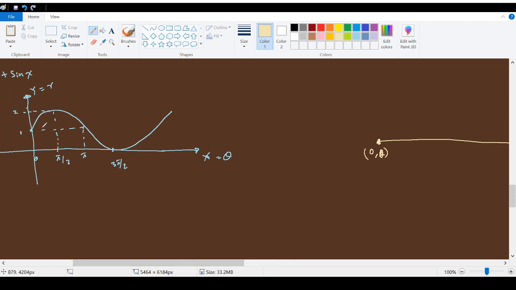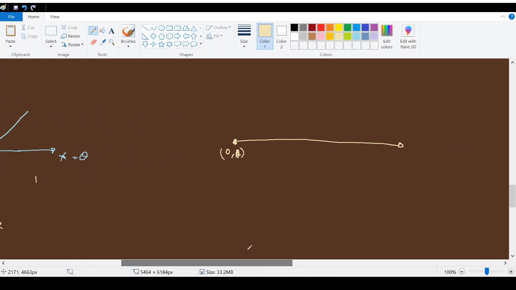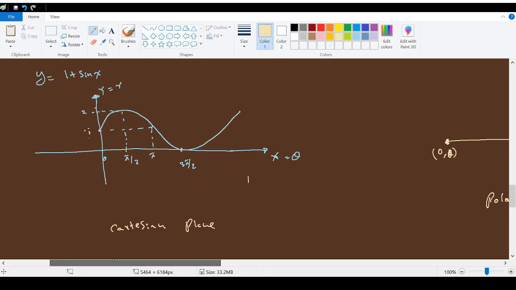Now, starting at 0, if we look for the initial point, when theta is equal to 0, r should be equal to 1. Now this is in the Cartesian plane. And when it comes to the polar coordinates, it says when theta equals 0, r should be equal to 1.